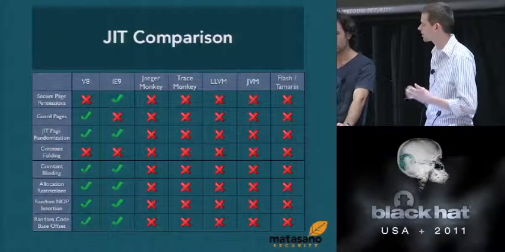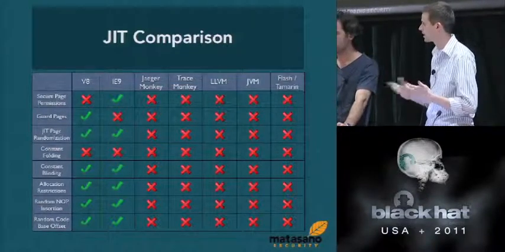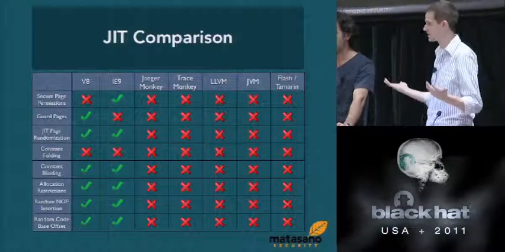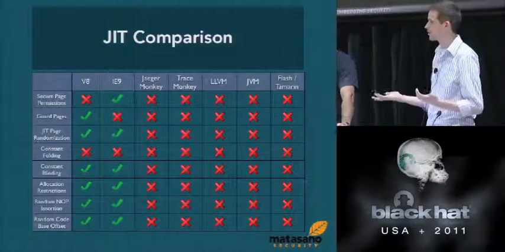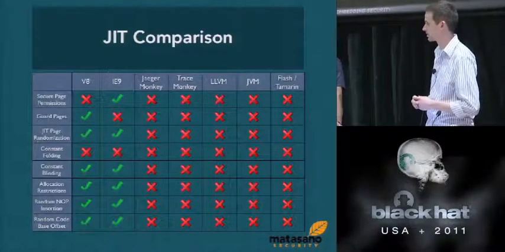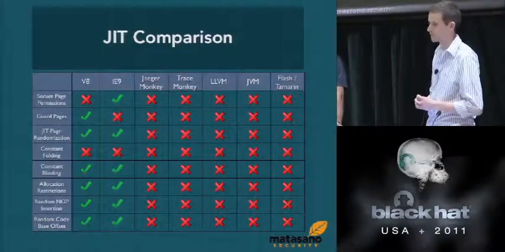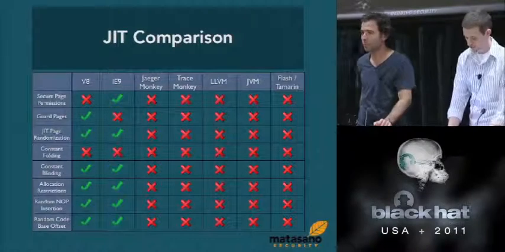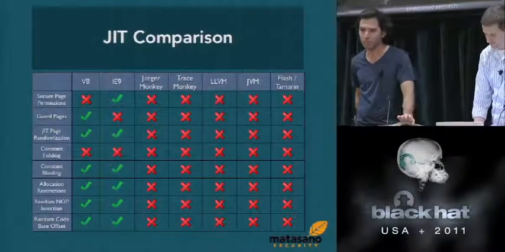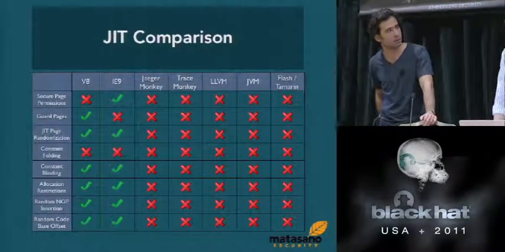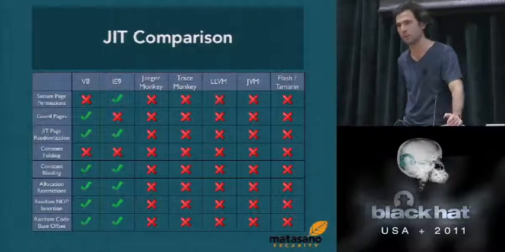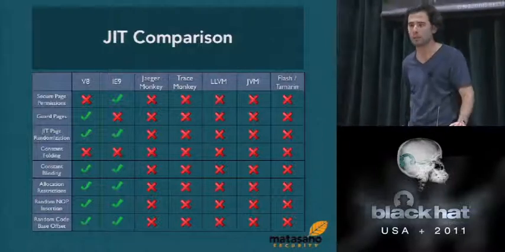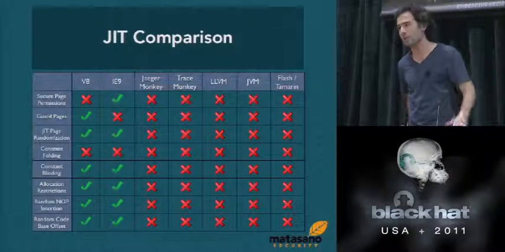But we started looking at the code and we realized that it's not on. It's turned off. So that protection mechanism was never actually in place. So we didn't give them credit for it, but the code is there. Also, for some columns like LLVM and JVM, it might not make a lot of sense to implement these protections for a totally generic JIT engine, which is supposed to handle dynamic languages in general. But we added it to our table for completeness.